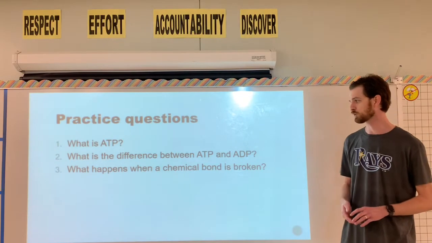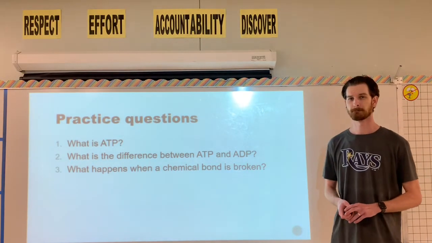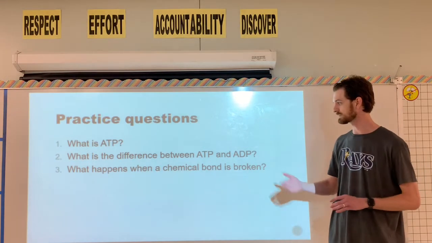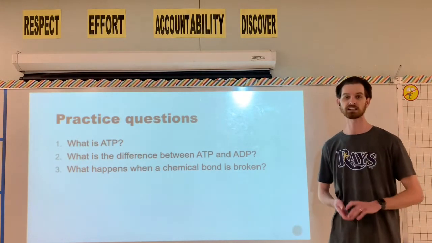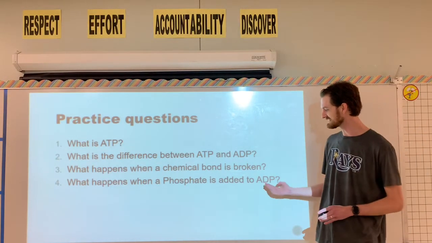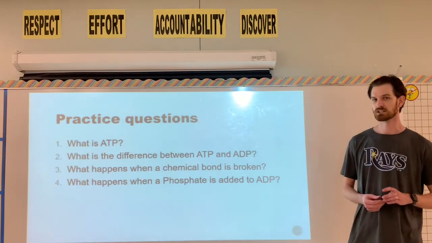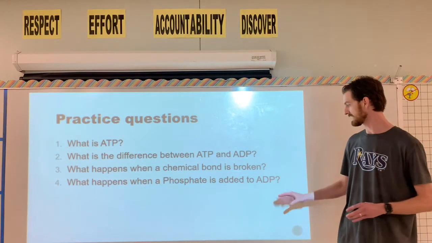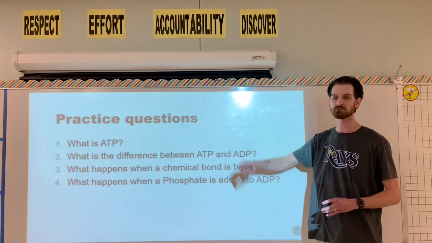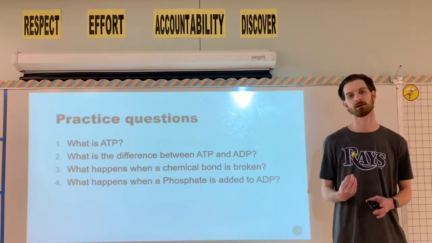What happens when a chemical bond is broken? Typically, when you break anything, you release energy, and it's the same thing with a chemical bond. If I break a chemical bond, I get a release in energy. What happens when a phosphate is added to ADP? If I add a phosphate group to ADP, I'm going to make ATP, the triphosphate. Now I have 3 phosphates, but I also store energy up. That's an important thing.